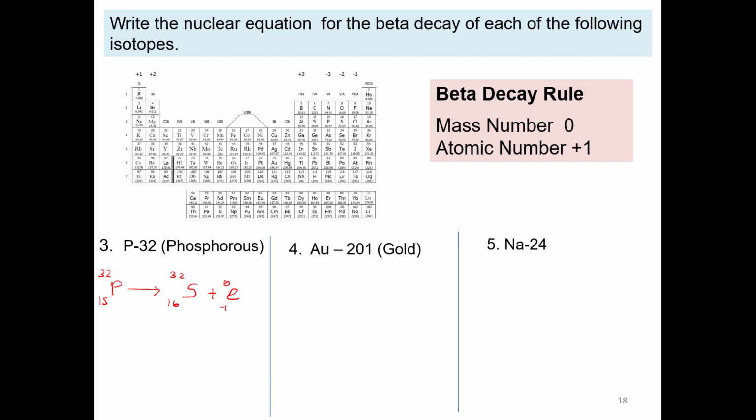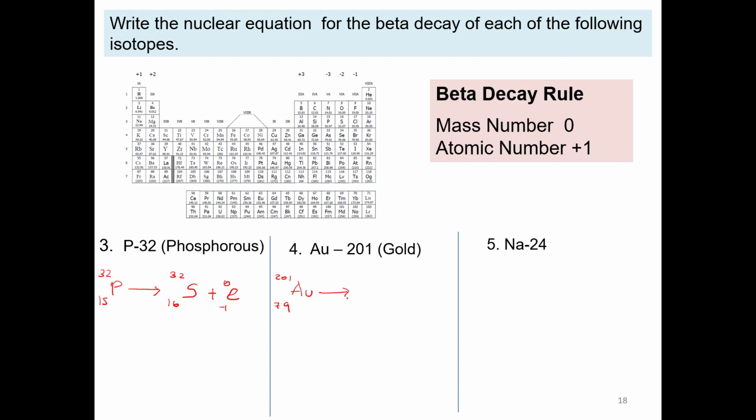Then let's try the second one, which is gold. The mass number is 201. Now we need to check the atomic number, which is 79.